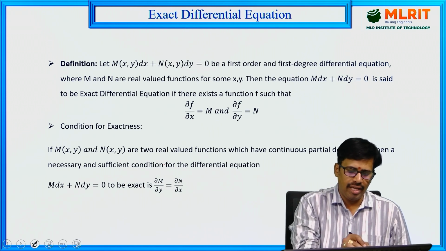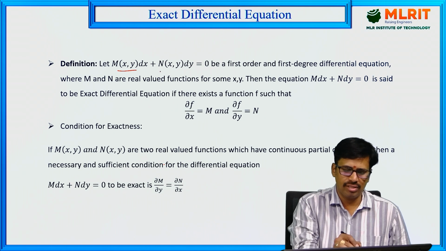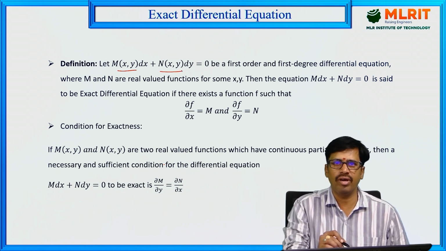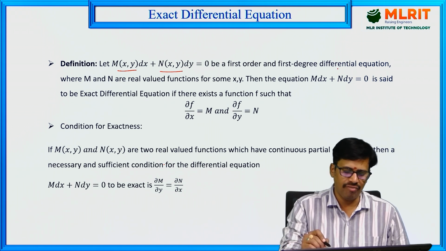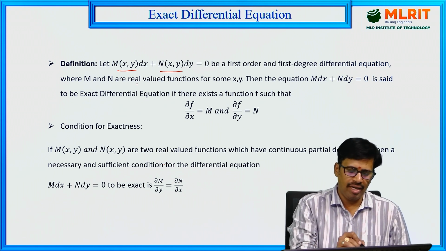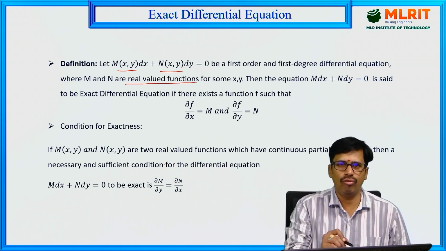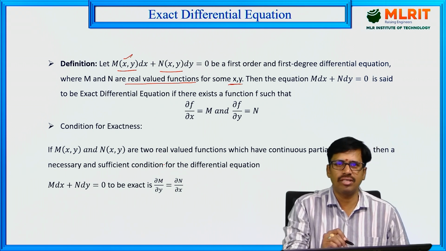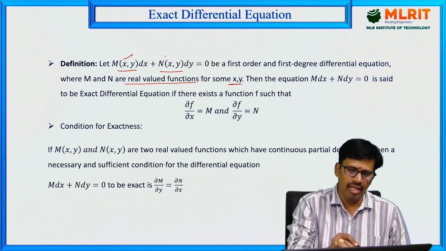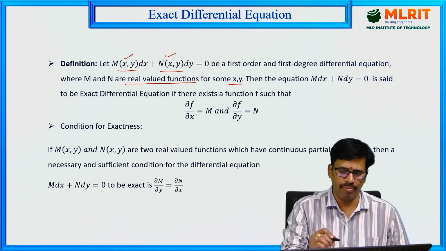Let M of x comma y into dx plus N of x comma y into dy equal to 0 be a first order and first degree differential equation, where M and N are real valued functions of x and y. Here M of x comma y denotes M is a function of x and y. Similarly, N is also a function of x and y.